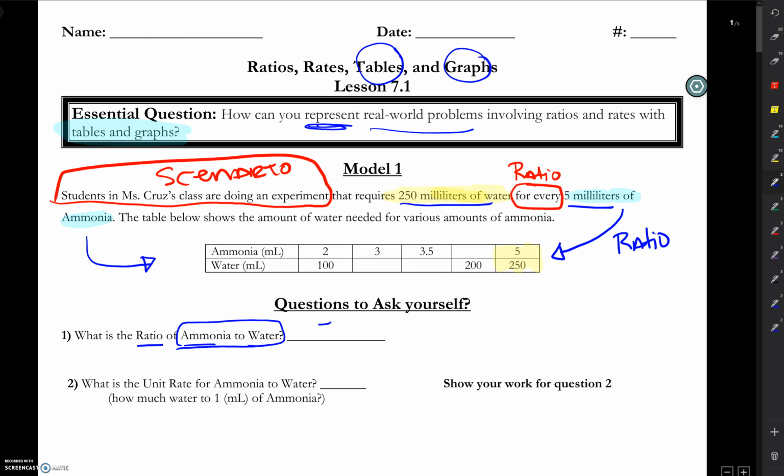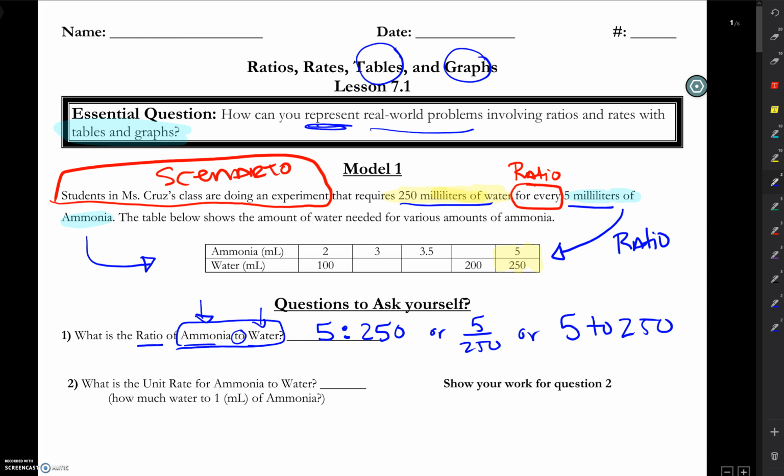We have the ratio of ammonia to water is 5 to 250, or 5 over 250. And if you notice, it says ammonia first, and then water second.